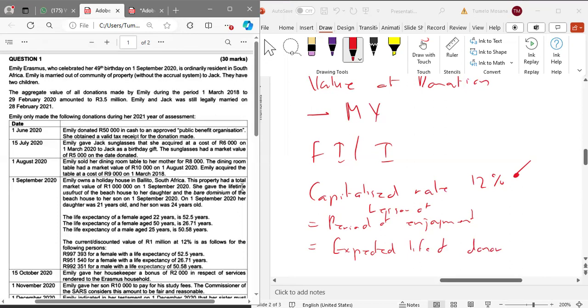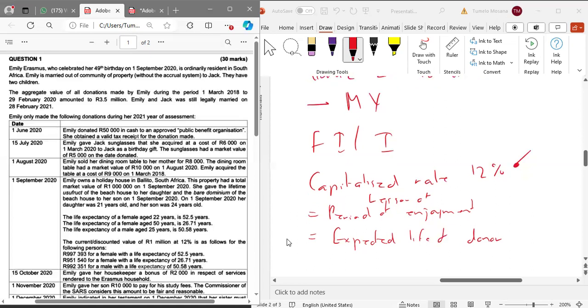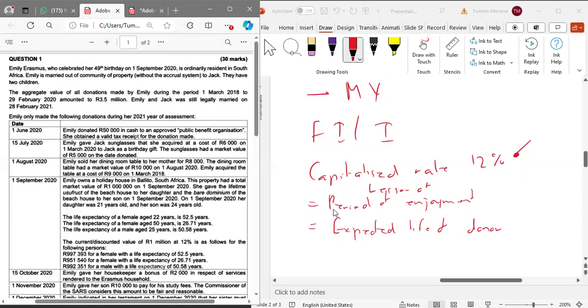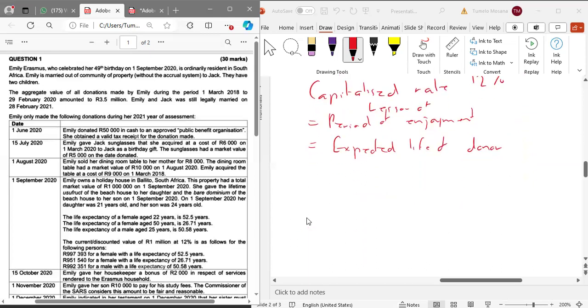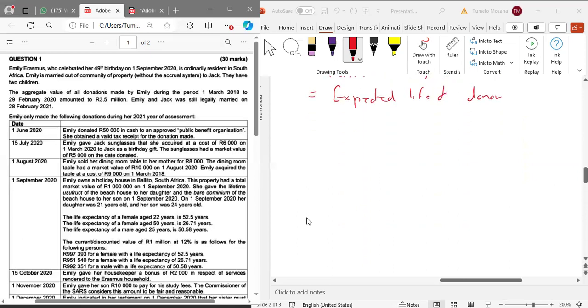You would calculate this lifetime usufruct by using the capitalized rate, which is provided to you. You just have to use the lesser of the period of enjoyment or the expected life of the donor. So nothing difficult. On the day you're given everything as it is, you just have to make the right choice, choosing the lesser of. It sounds difficult, but it really isn't.